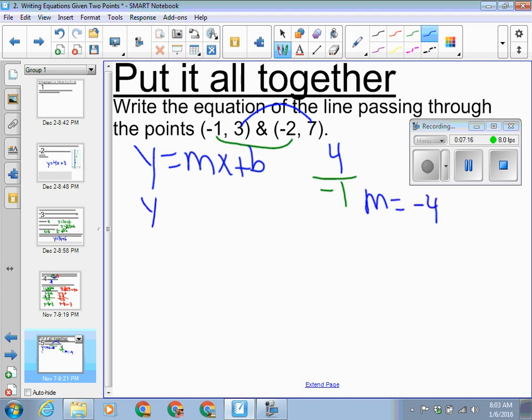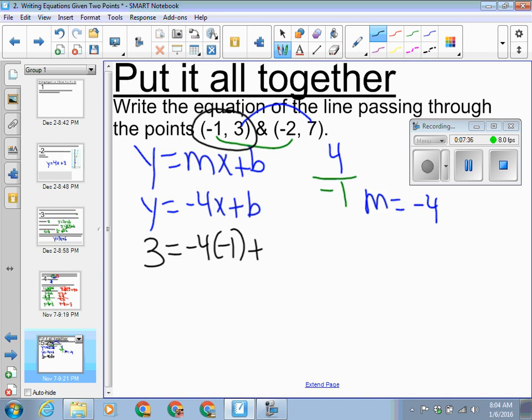So let's plug this in. y equals -4x plus b. Choose any point you would like. I'm going to go ahead and choose this one right here. So y, so 3 equals -4 times -1, this will get rid of my negative, which I always like doing. 3 equals 4 plus b.